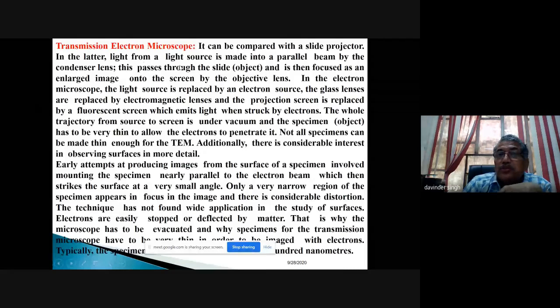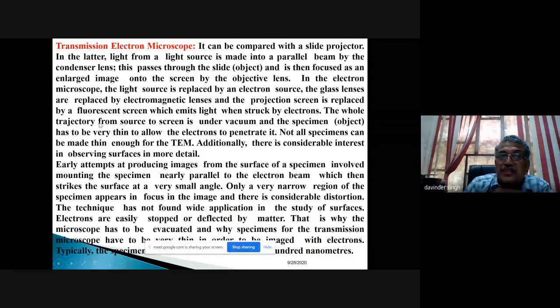Light from a light source is made into a parallel beam by the condenser lens. This passes through the slide and is then focused as an enlarged image onto the screen by the objective lens. In the electron microscope, the light source is replaced by the electron source, the glass lenses are replaced by electromagnetic lenses, and the projection screen is replaced by a fluorescent screen which emits light when struck by electrons.